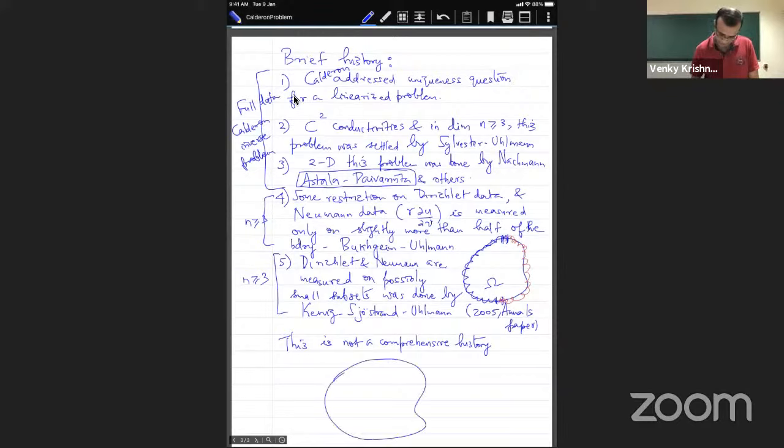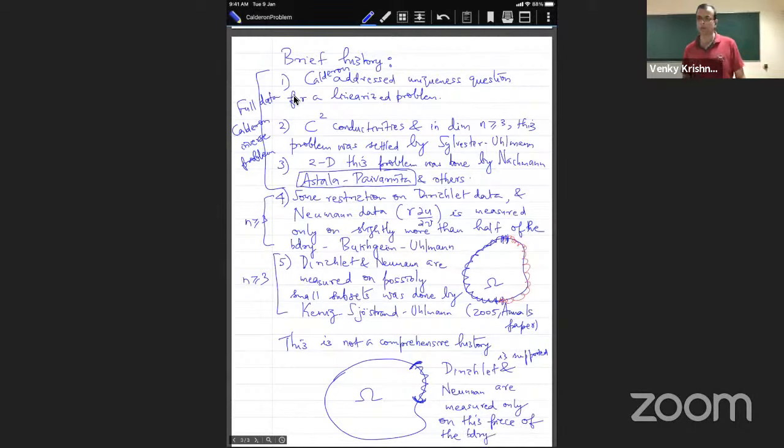Suppose you have a bounded domain omega, and you take a small open subset of the boundary. Now your Dirichlet data is supported, and Neumann data is measured, only on this piece of the boundary.